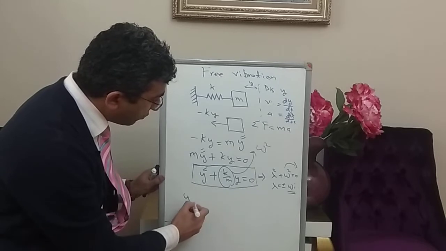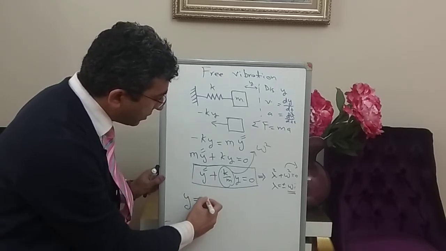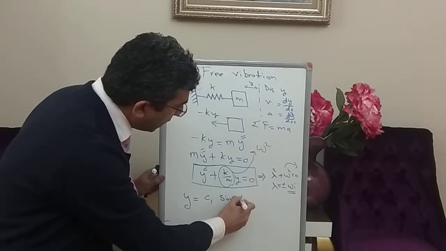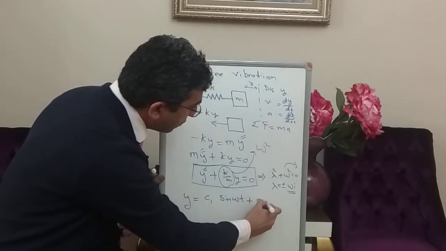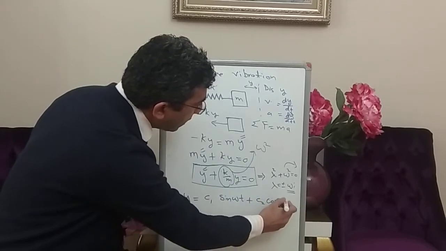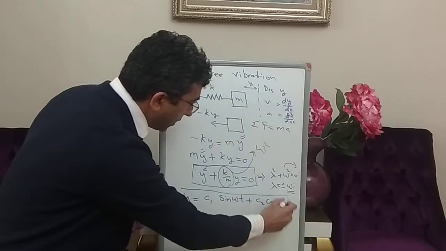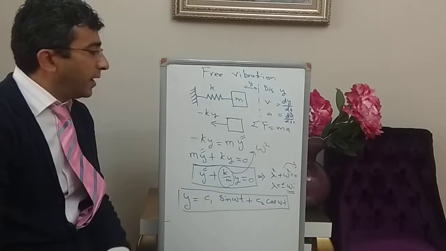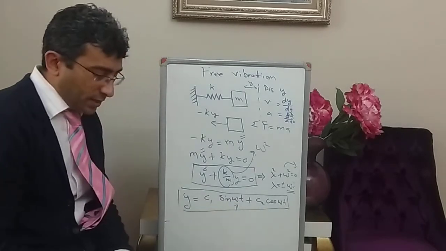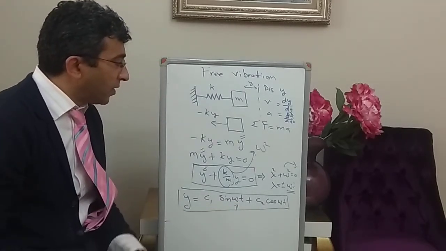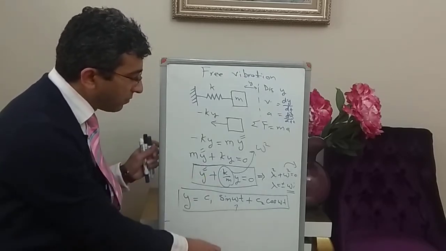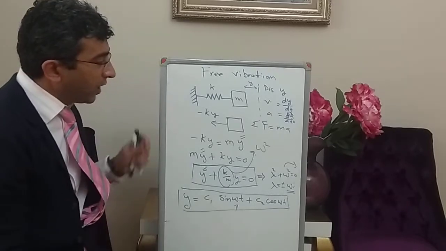So y, the homogeneous solution, is equal to C1 times sine omega t plus C2 times cosine omega t. As you see, the solution is a harmonic function, and this omega is the natural frequency for the system, which is the angular frequency, the square root of k over m.